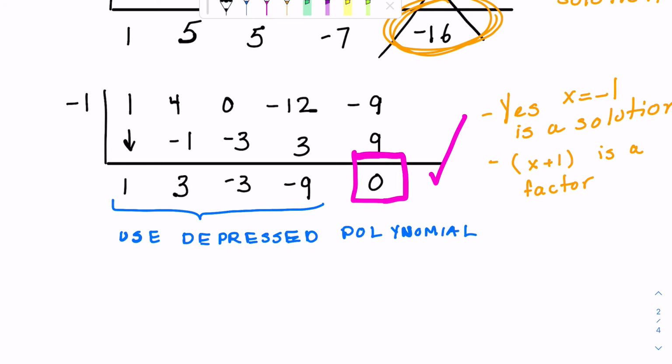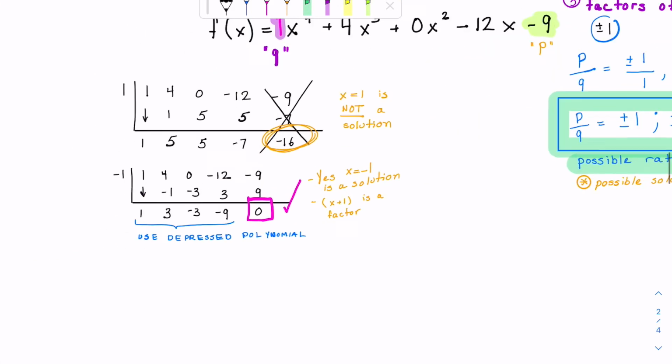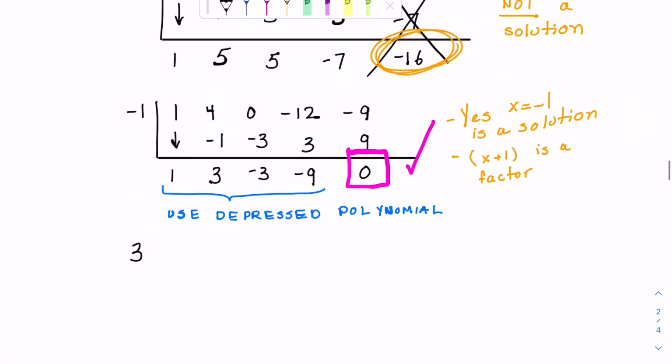That means we're testing our next factor. We just tested positive 1, we tested negative 1, so those are all set. Next, we're going to test positive 3. We're using the depressed polynomial. 3 goes outside. Inside we have 1, 3, negative 9.